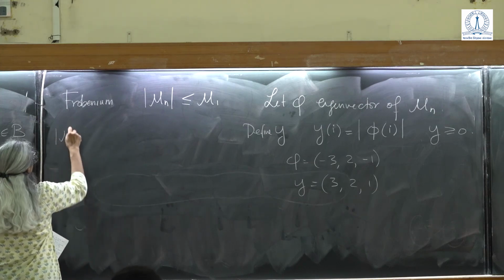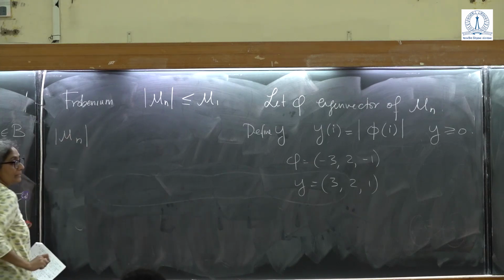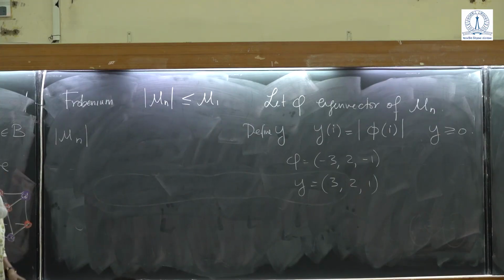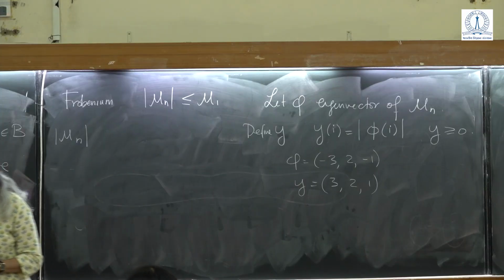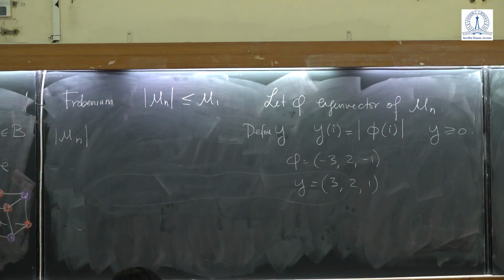Okay, so now let's actually try to argue this inequality. I want to start with the absolute value of mu n. How is it related to phi? We already know, right? Rayleigh quotient, quadratic form. If you plug the eigenvector into the quadratic form, remember you get the eigenvalue.